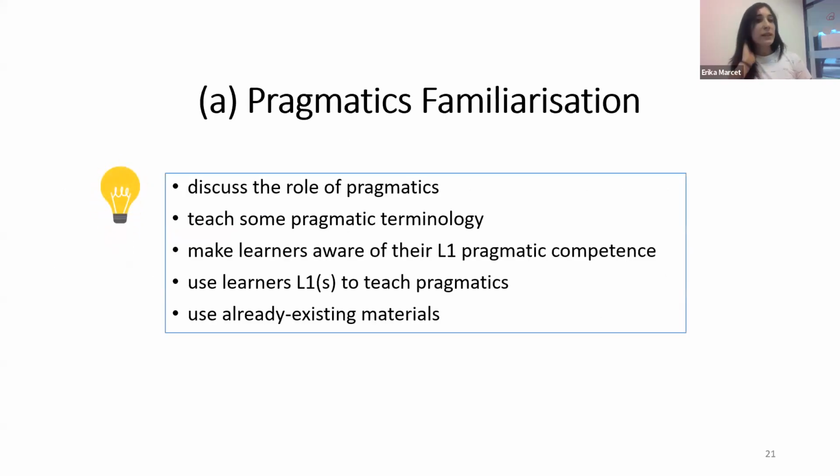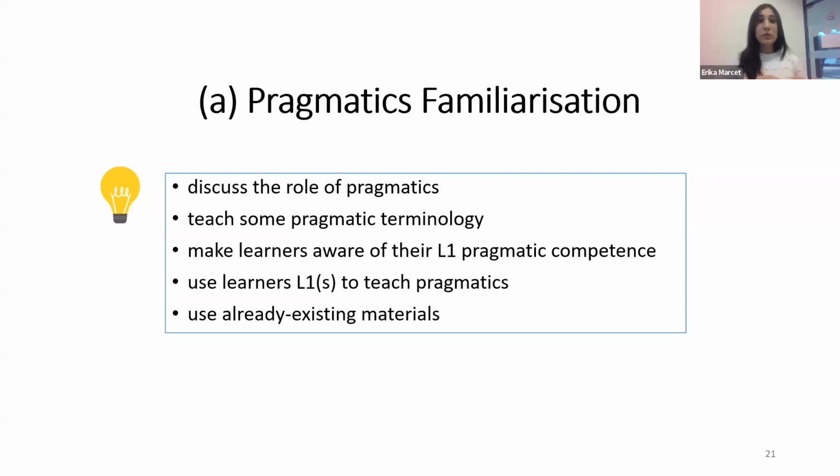So the first phase is pragmatics familiarization. And for this phase, I would discuss the role of pragmatics as a means to achieving effective oral interaction. So this is a phase for learners to become acquainted with some of the terminology in pragmatics: inference, ostension, relevance, implicature, explicature, intention, etc., and also make them aware of their pre-existing pragmatic competence in their L1.